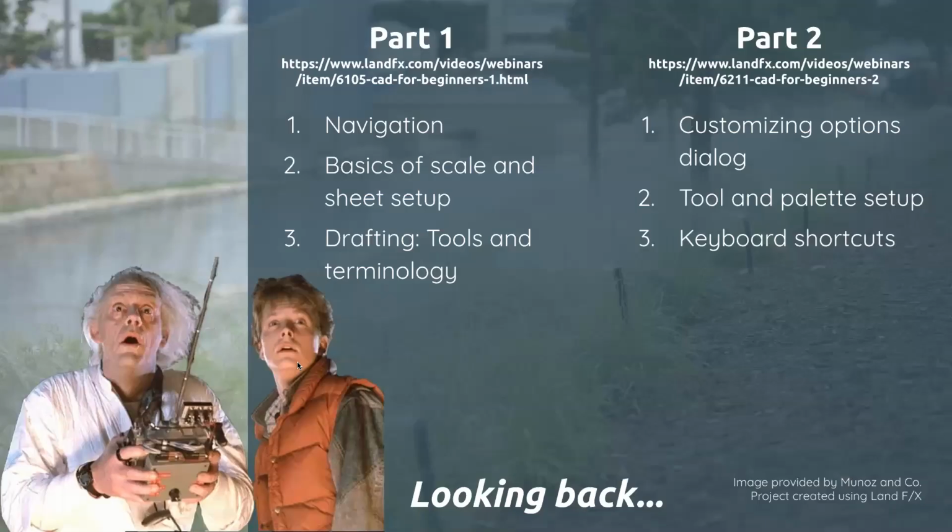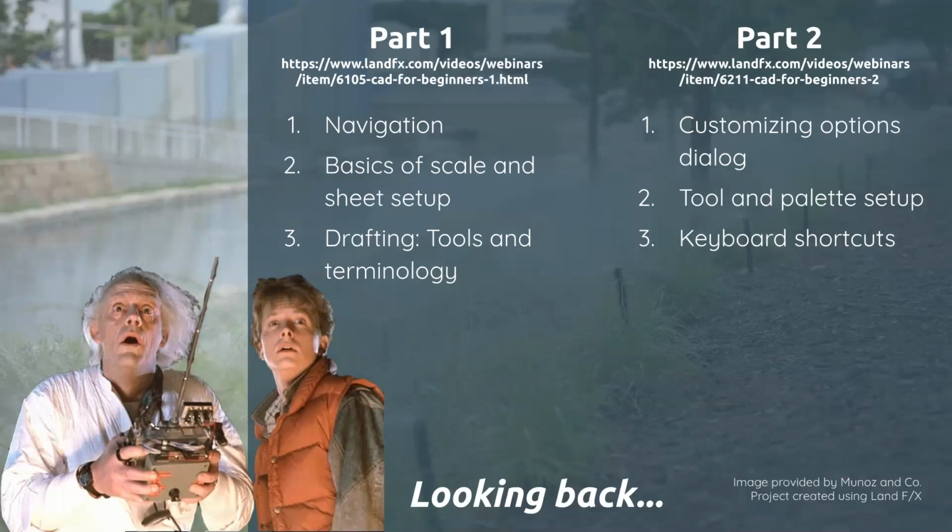I wanted to briefly look back at what we talked about in the first 2 parts of the series. In the first one, we went over basic steps from a CAD beginning standpoint: navigation, setting what the scale is, what your units are, all those little drafting tools and the terminology we generally use for those drafting techniques.